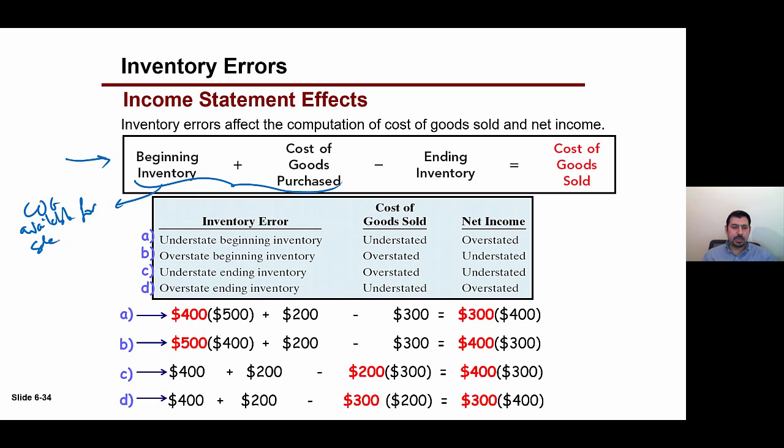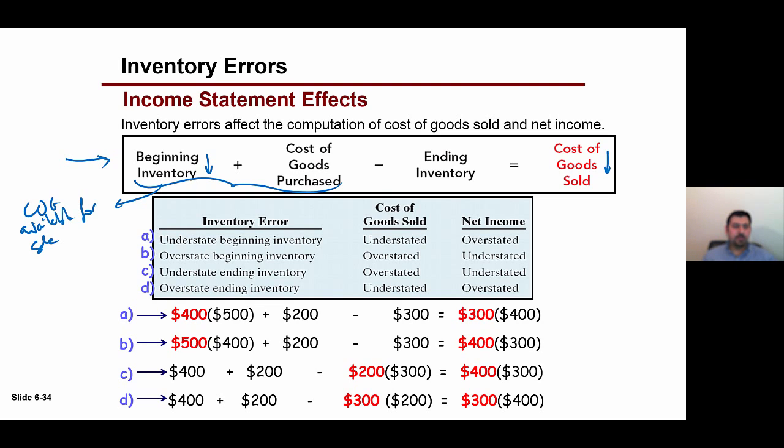If we subtract the ending inventory from that, we get the cost of goods sold. Now let's say that the beginning inventory was understated. If the beginning inventory was understated, the cost of goods sold will also be understated. We have less cost of goods available for sale, so we have less cost of goods sold.